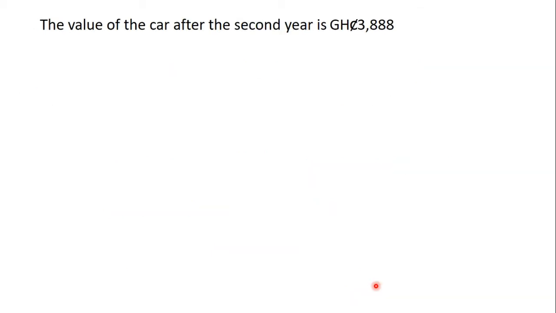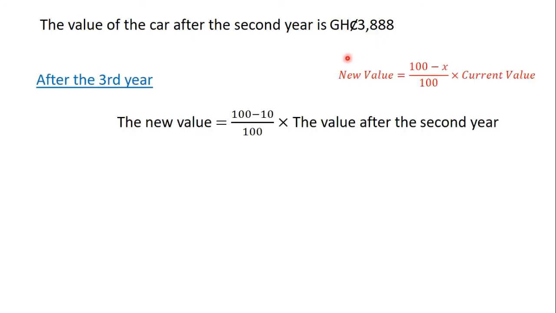The question told us to calculate the value of the car after the third year. We now have the value of the car after the second year. So it means that the current value of the car is 3,888 Ghana cedis. We want the value of the car after the third year. We know that the value of the car after the third year is going to be 100 minus the rate of depreciation, which is now 10, divided by 100 times the value of the car after the second year, which is the current value that we have.